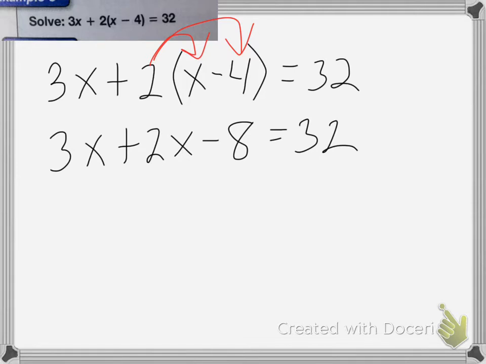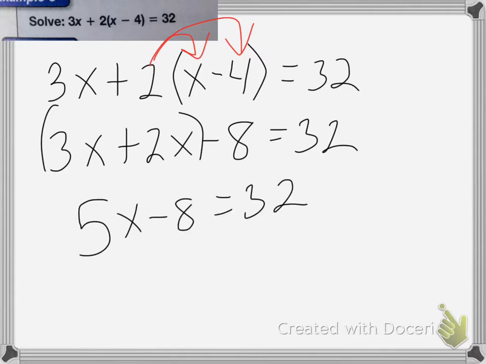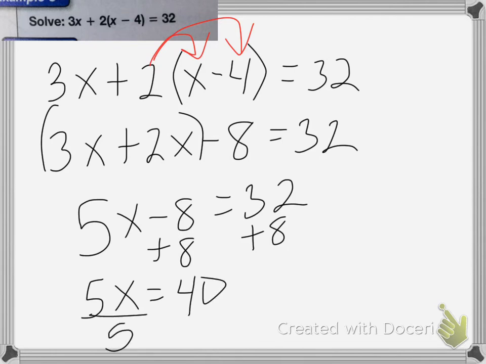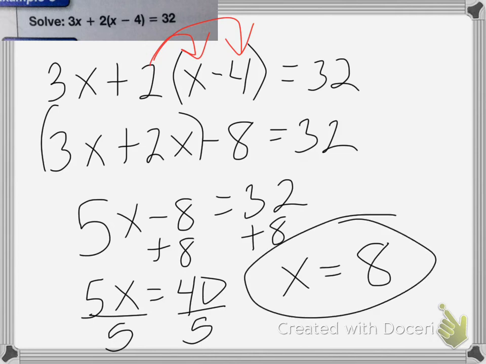And we combine like terms, so we get 5x minus 8 equals 32. We're going to add 8 to both sides. So 5x equals 40. Divide both sides by 5. X equals 8. That's it for this lesson.